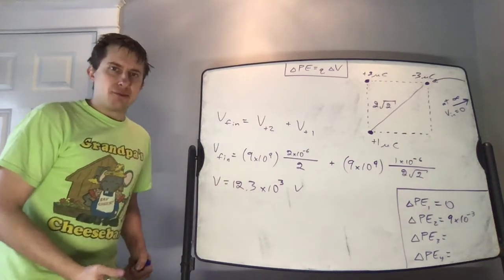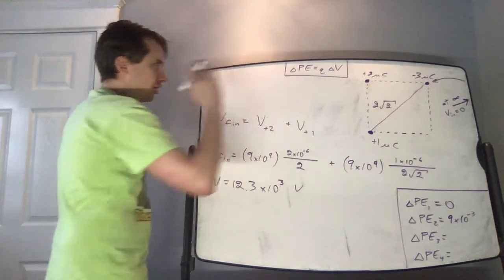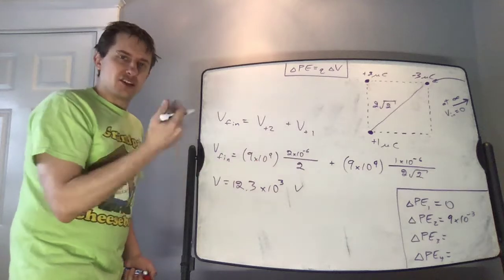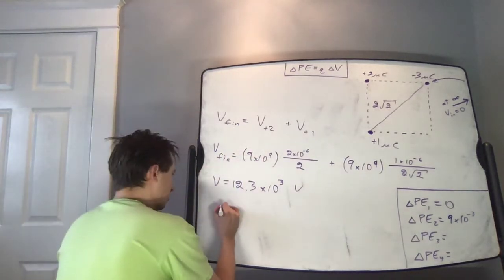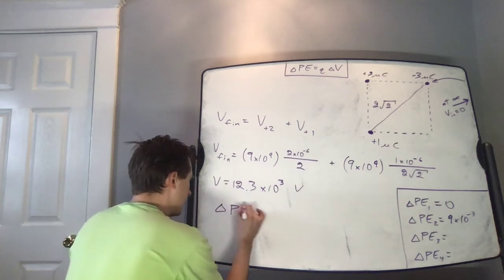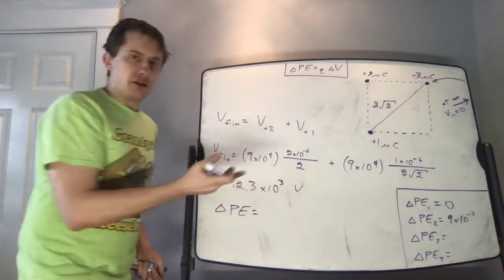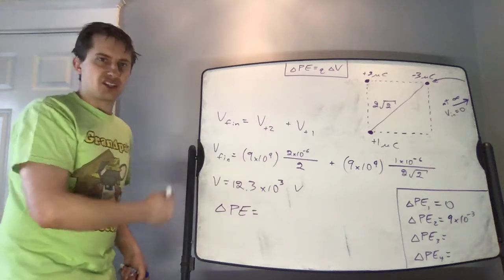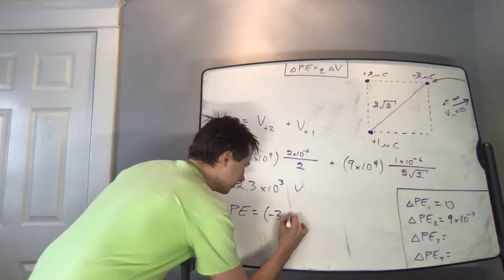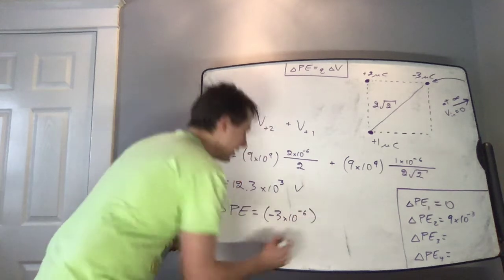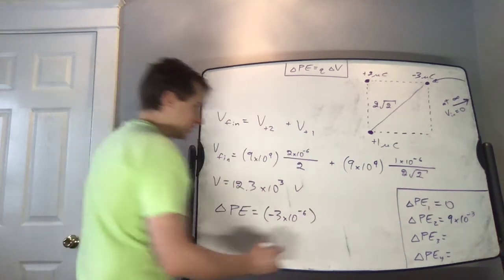Now I have enough information to find the change in potential energy when we moved this minus 3 microcoulomb point charge into place. I could say delta PE is equal to the charge of the particle that moved, the minus 3 microcoulomb point charge, so I will have minus 3 times 10 to the negative 6, and then I have V final minus V initial.